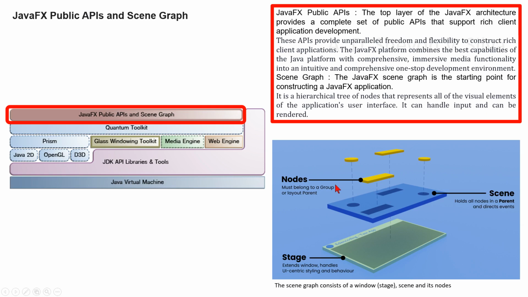Here you can see nodes must belong to a group or layout parents. Nodes are connected to scene. Nodes interact with scene. Scene holds all nodes in a parent and directs events.